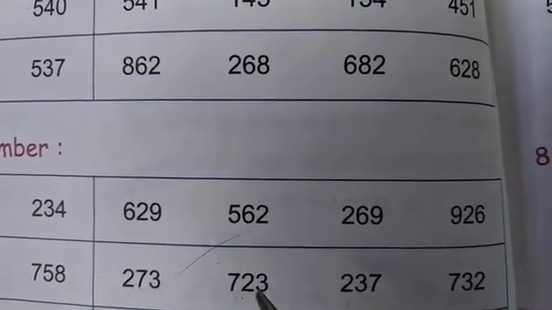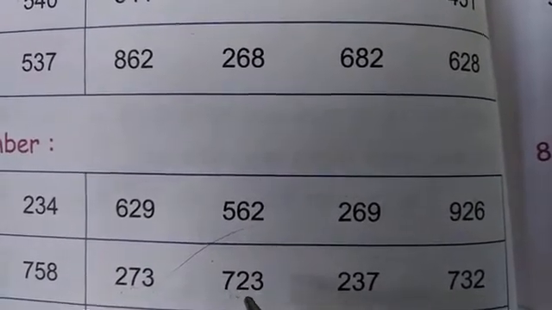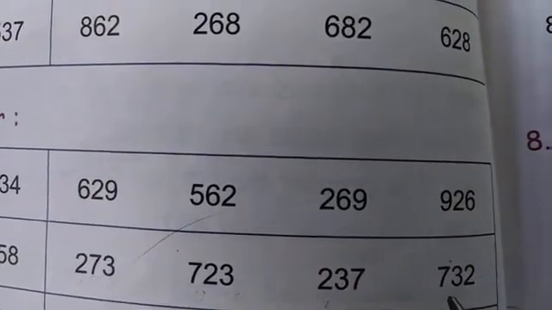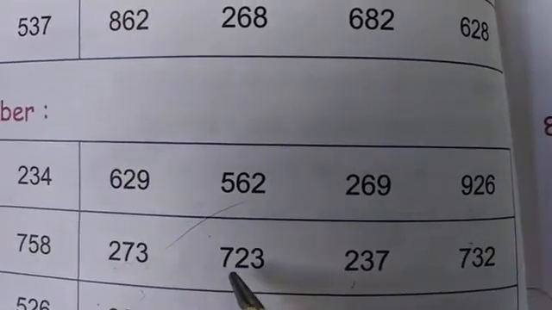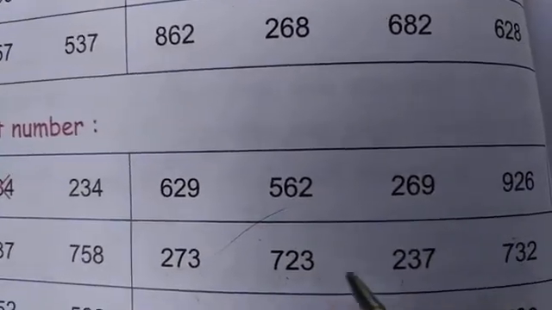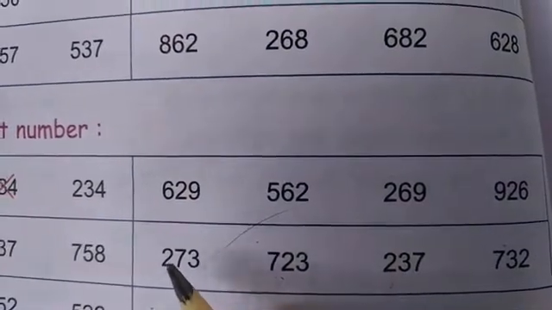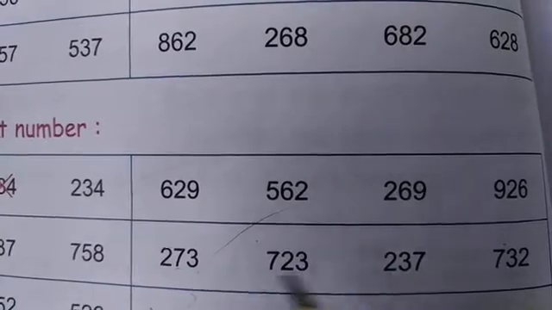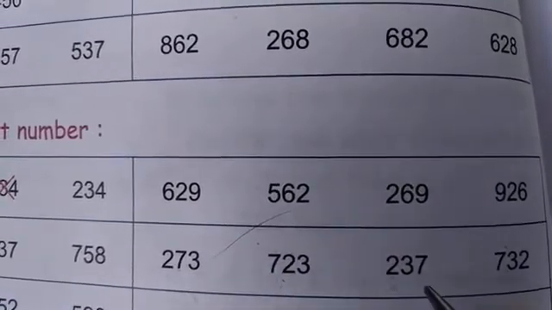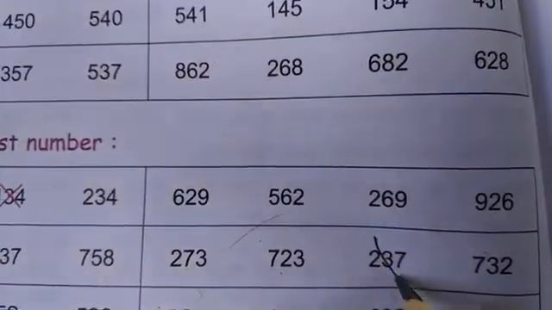Now let's compare the tens digit. 2 is less than 3. So 732 is greater than 723. Now 237 and 273. Here the first digits are the same, 2 and 2. Now 7 is greater than 3. So 237 is the smallest number.